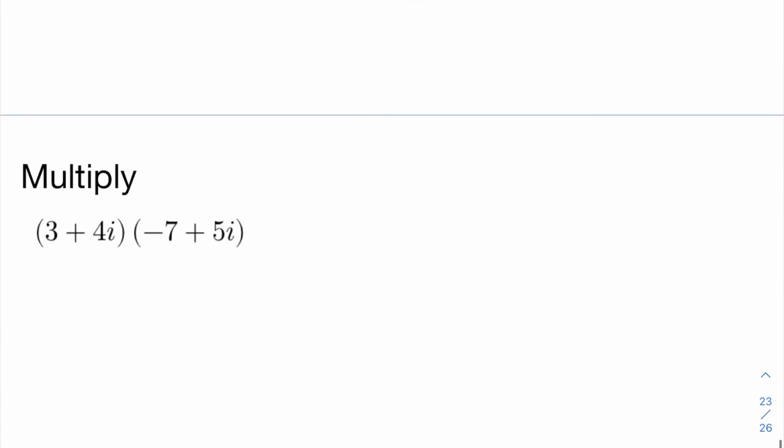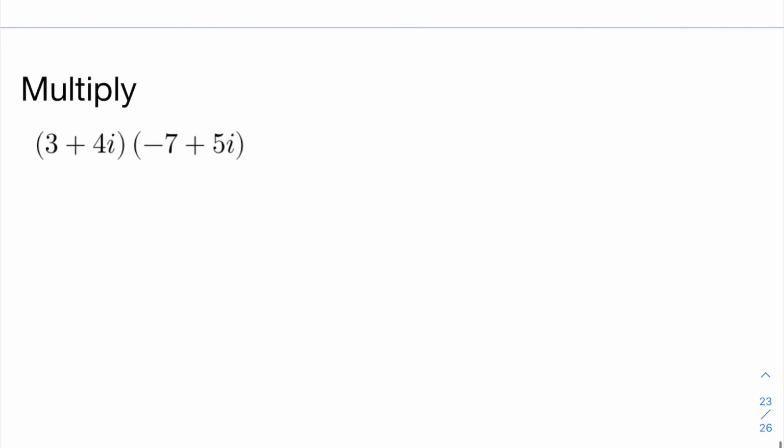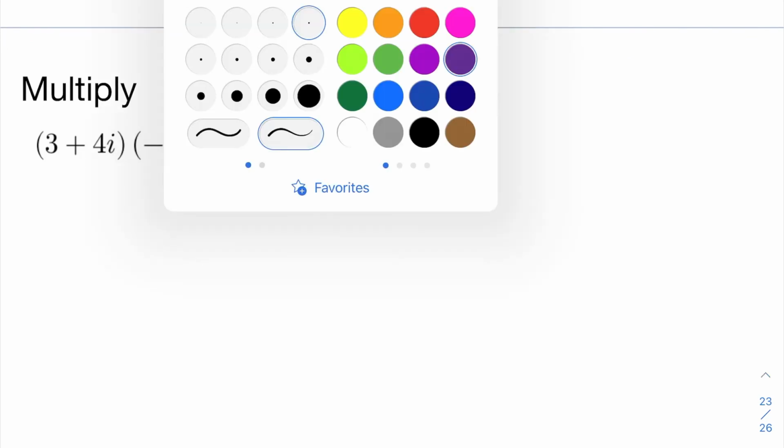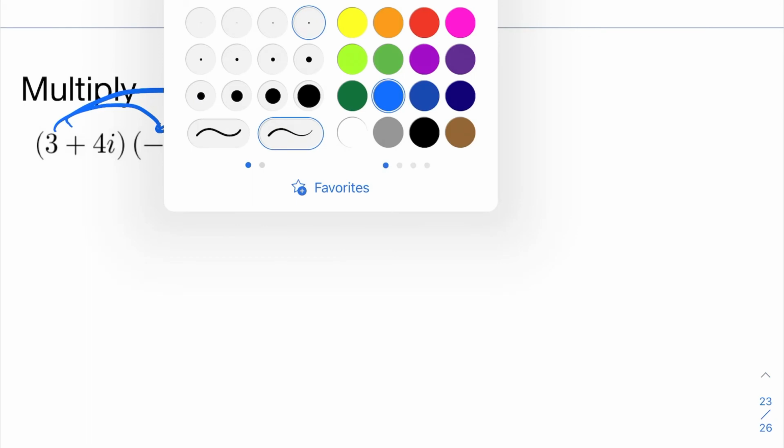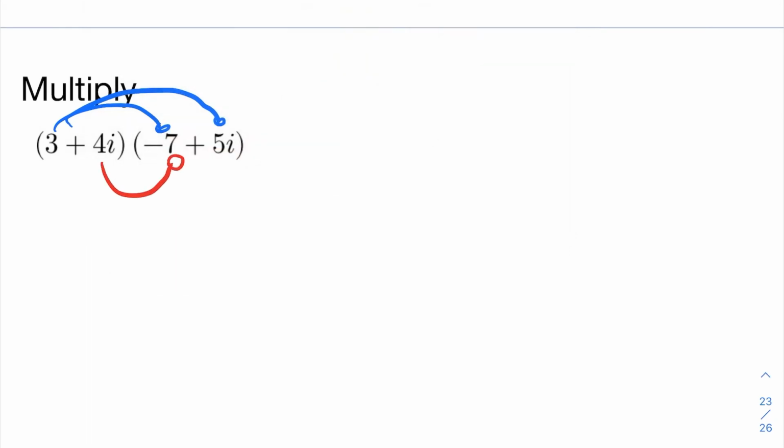All right, let's try another one. Here we have two non-real complex numbers. Neither one is fully real nor fully imaginary. So we FOIL this. This is obviously FOIL, right? This times this, then this times this, and then we also get this times this, and this times this. All right, so let's see.